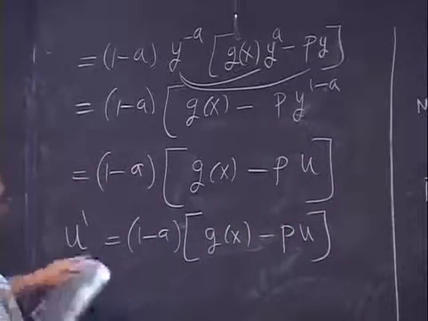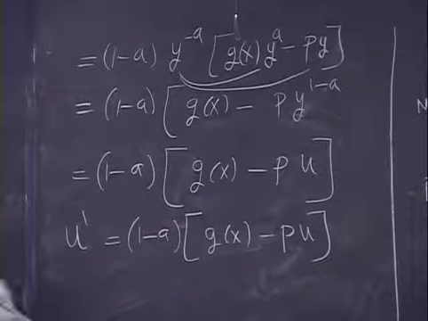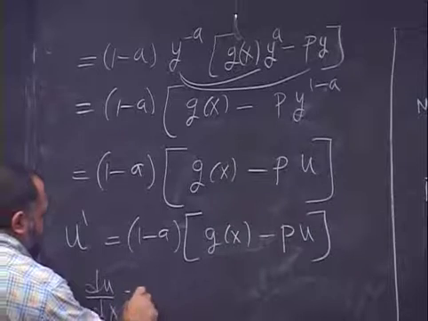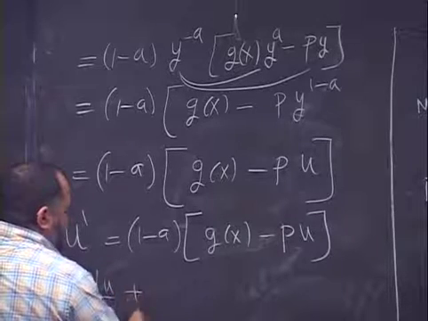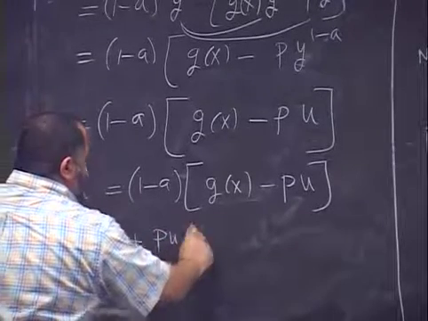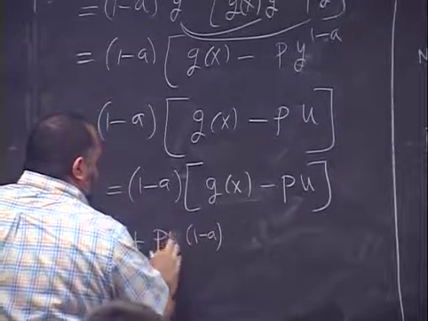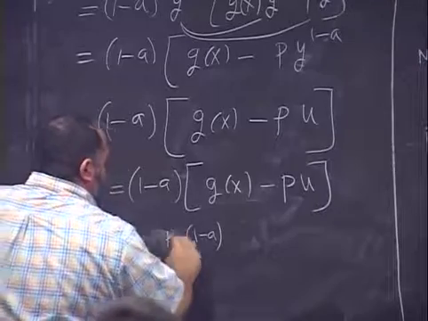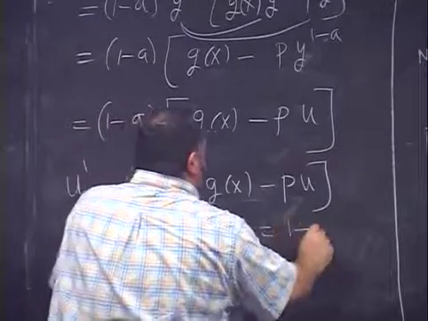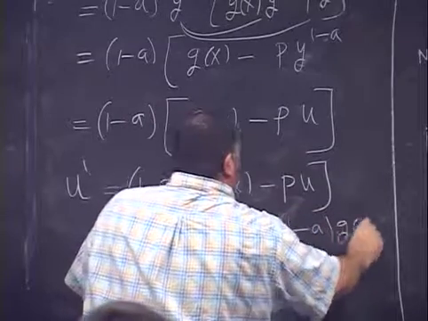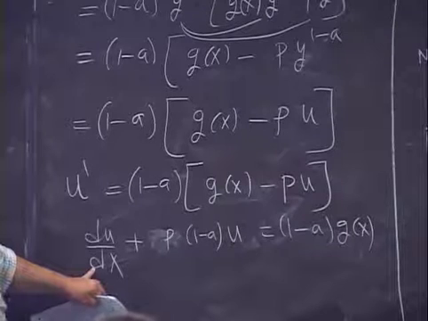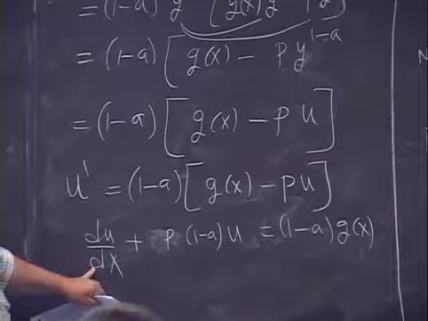So you transform it to the same kind of equation again: du by dx plus p multiplied by 1 minus a multiplied by u equal to 1 minus a multiplied by g of x. So now I converted a nonlinear first order equation to a linear first order equation.